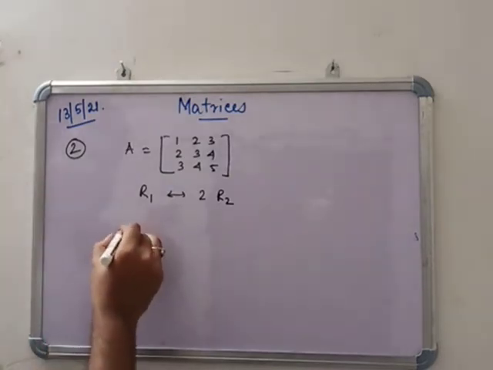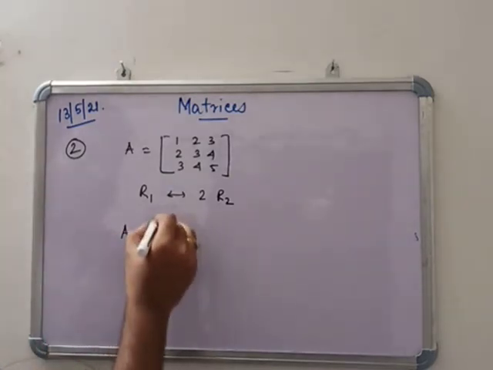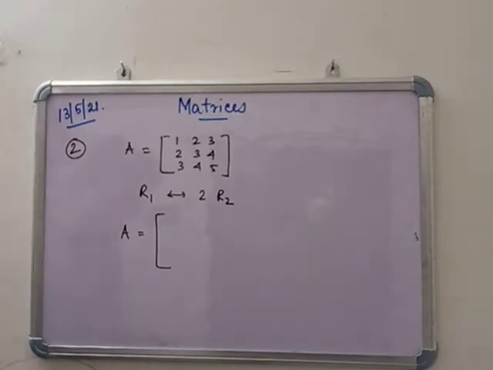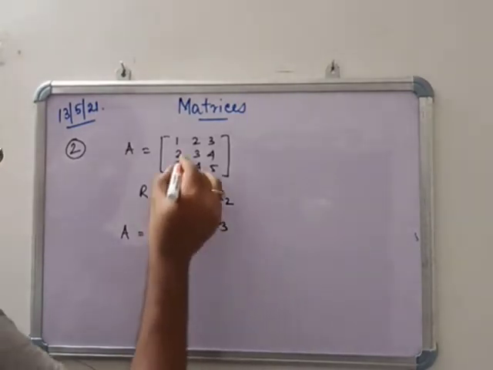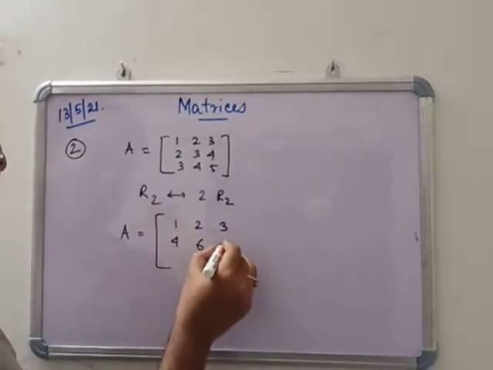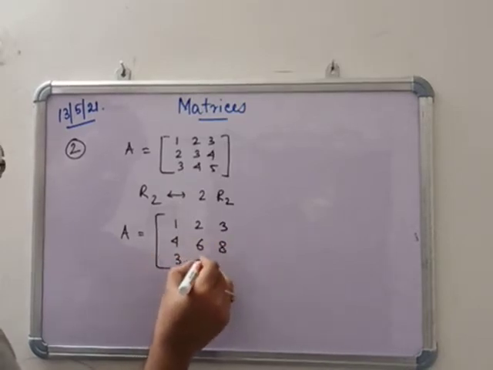That means A equals to 1, 2, 3, 4, 6, 8 and 3, 4, 5.